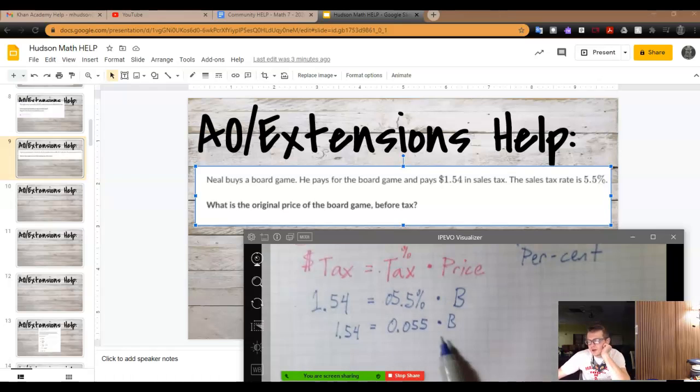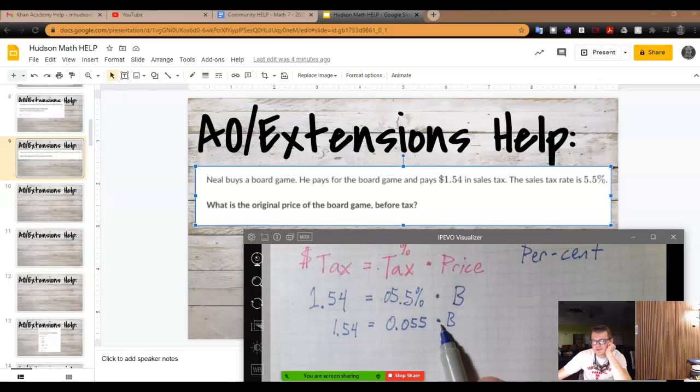Now, do you remember what we're going to do to get the B by itself, since these are multiplying? How do we detach them, or how do we get rid of this number? What's the opposite of multiplication?